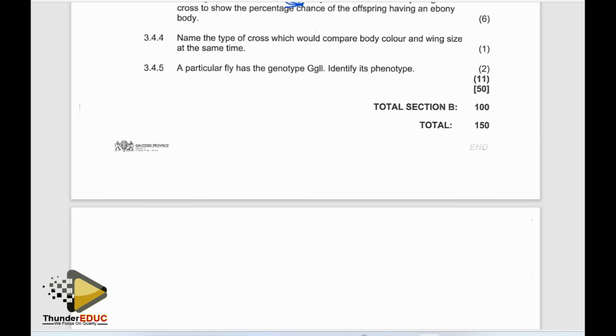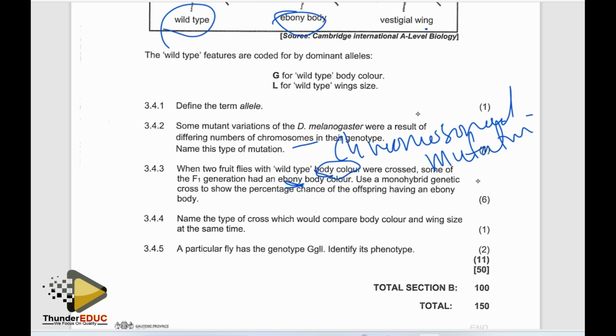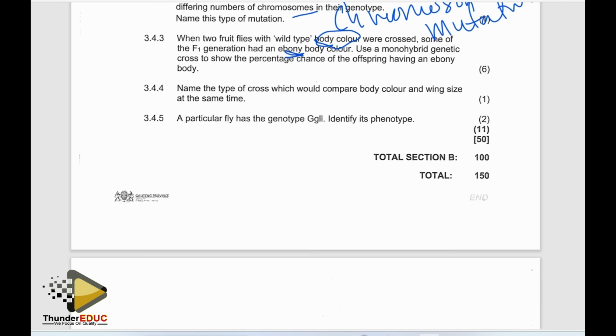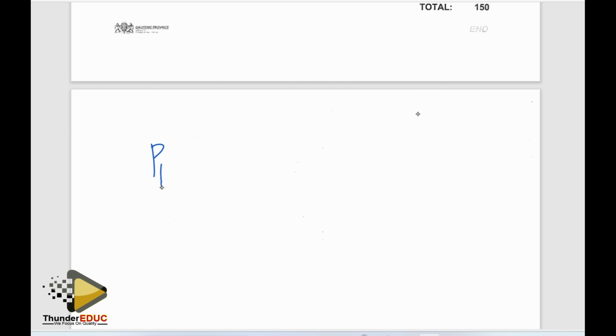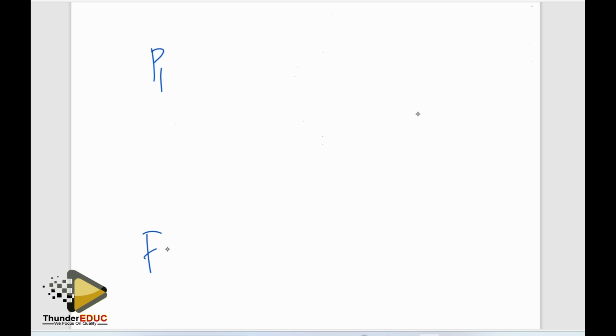So in this case, guys, you have to do the P1, because they said some of the F1 generation had ebony. So it's P1, F1. So we give you a mark for that. Then you say phenotype.